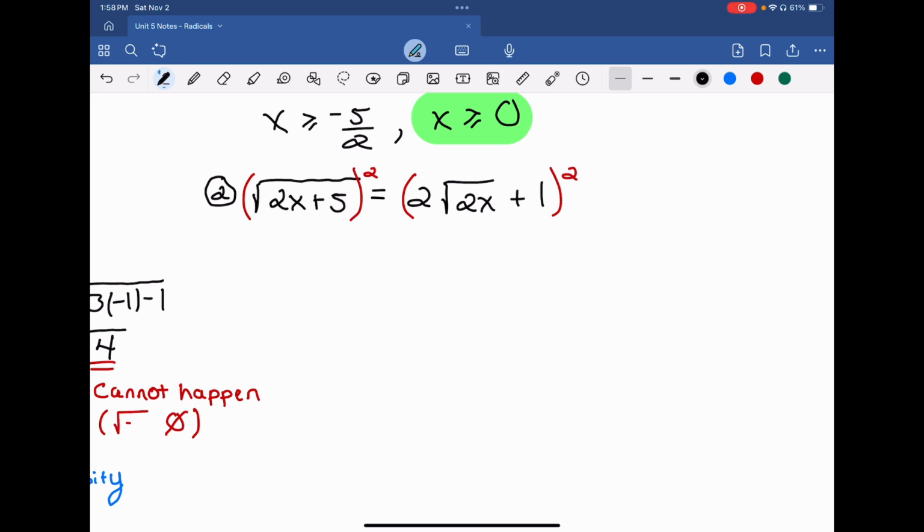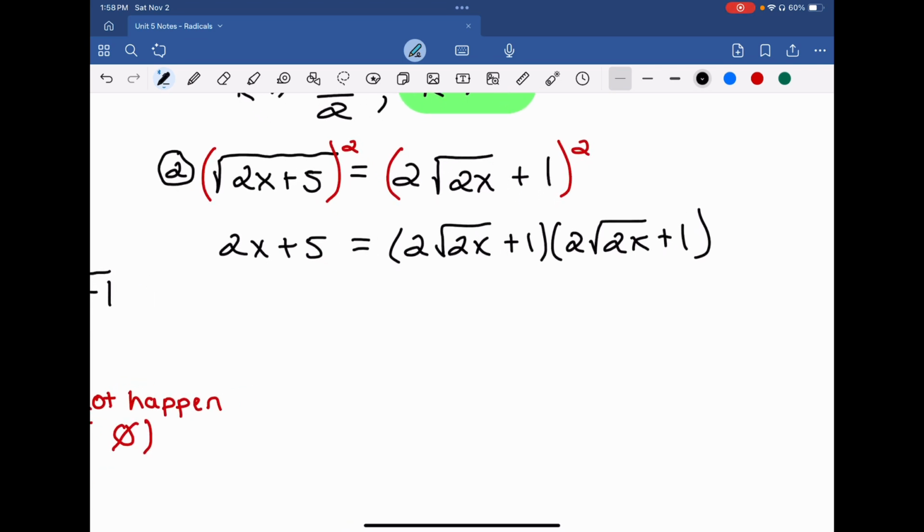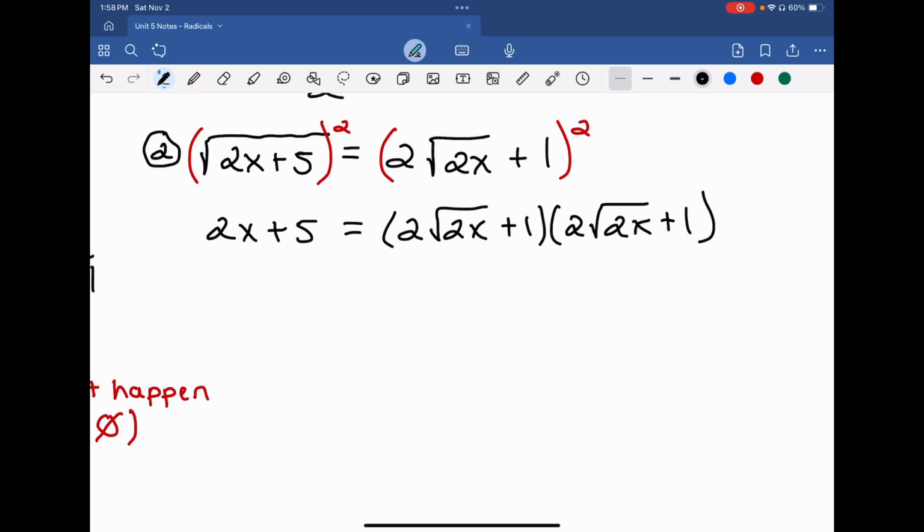On the left hand side, we have 2x plus 5, so we're like, that's nice. But on the other side, we actually need to expand this to be 2 square root of 2x plus 1 times 2 square root of 2x plus 1. We have to repeat the process more than once in this situation because the radical doesn't just simply go away and we don't just distribute it to each individual term. A binomial squared must be written twice.